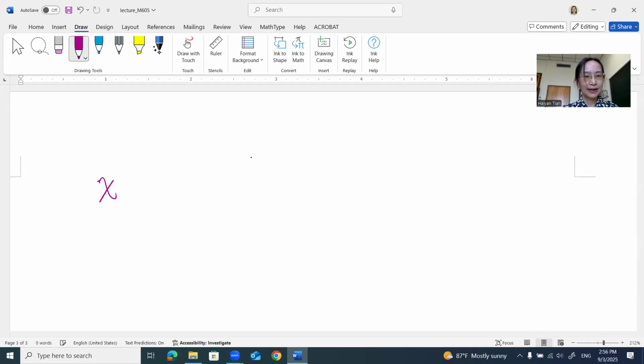If I have x, the vector, the derivative of the vector is equal to a vector field that depends on x.